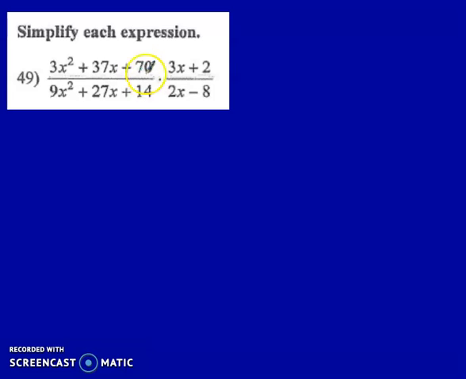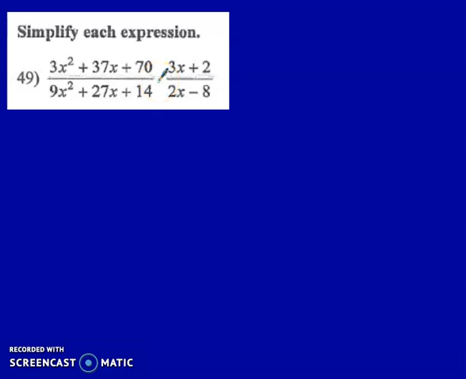Now you notice it's one fraction times another fraction, and the last thing in the world we want to do right now is actually multiply. It would make the problem very complex and very difficult to get through if we actually did the multiplication first.